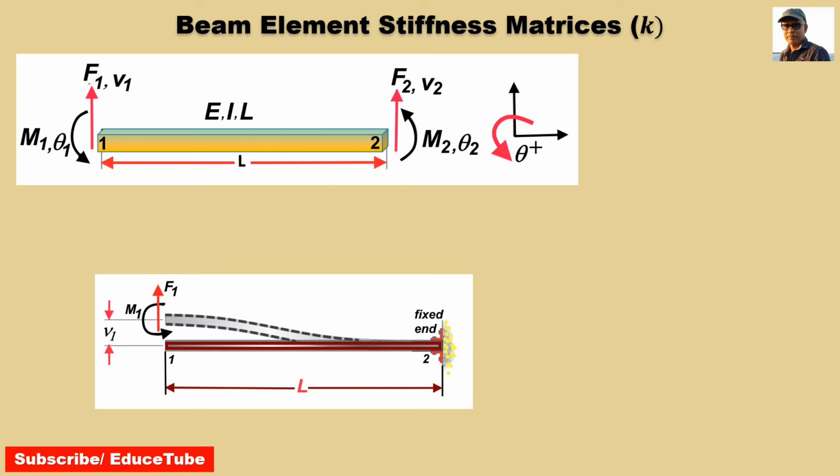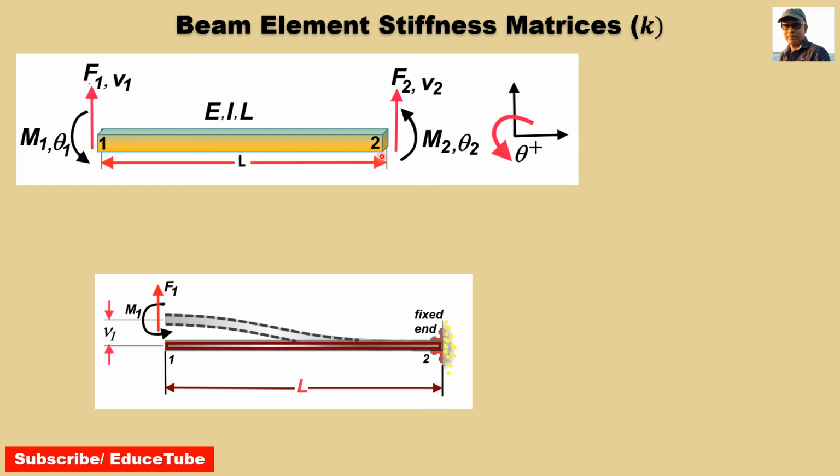So the relation between joint forces and joint displacement are developed by assigning an arbitrary value to a single component, because we had 4 components.